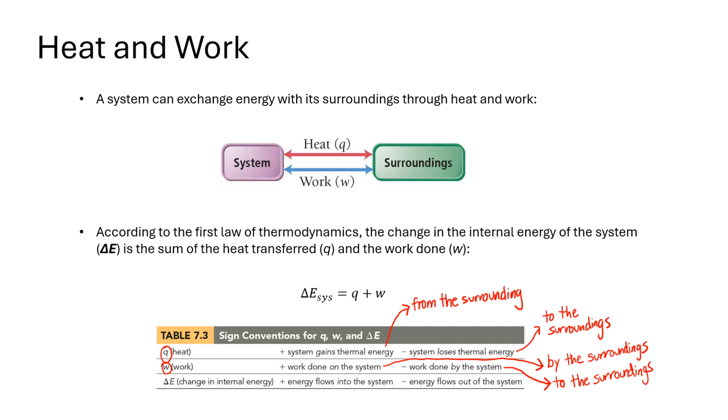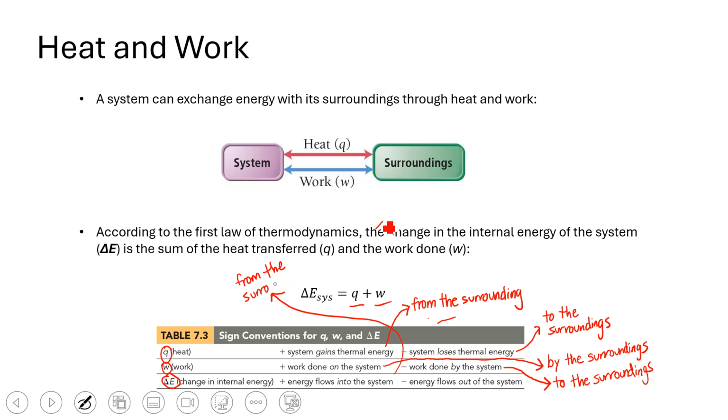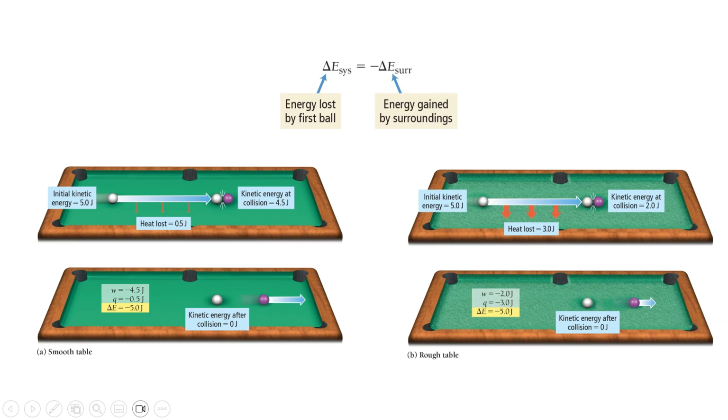All right, and then delta E is basically the sum of Q and W, right? And if energy from either heat or work is flowing into the system, that has to be from the surroundings.